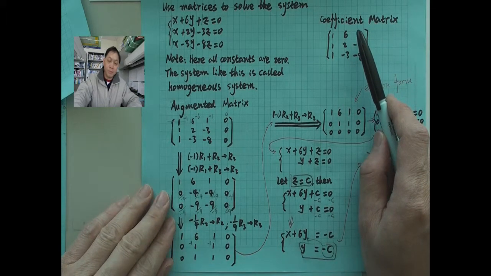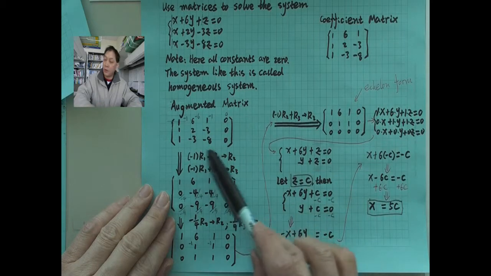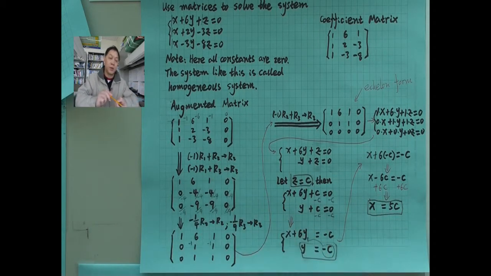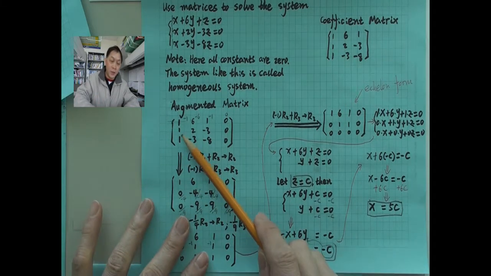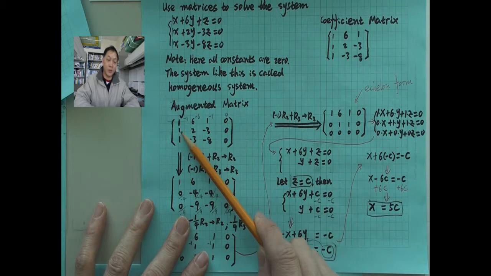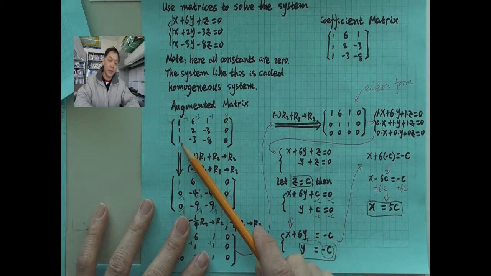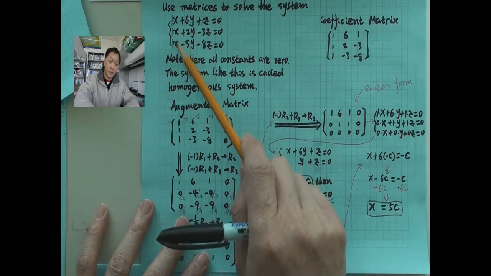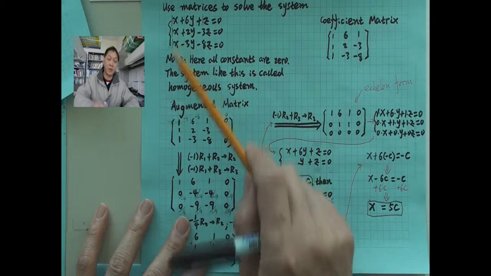Step 1: we want to make the first element in the second row and the first element in the third row be 0. We basically eliminate the x's down here first.